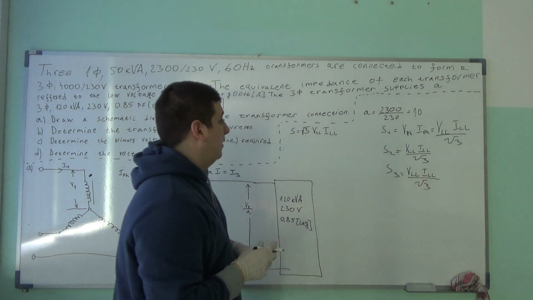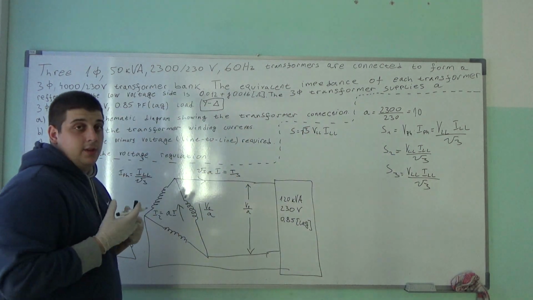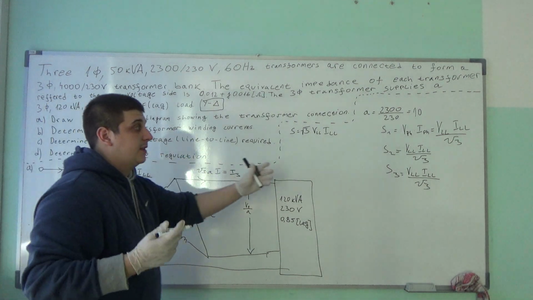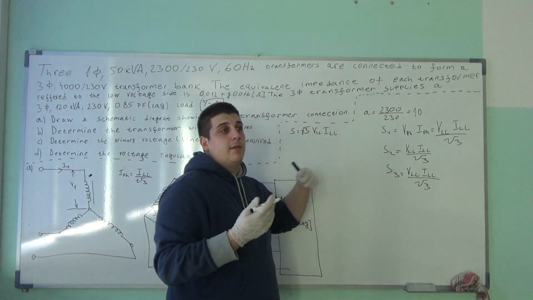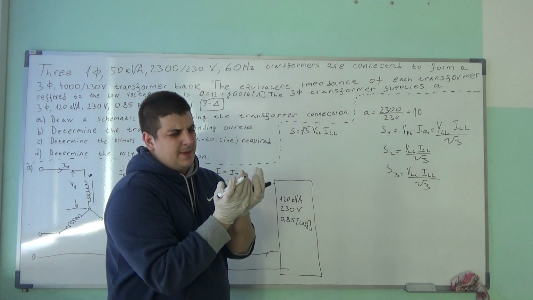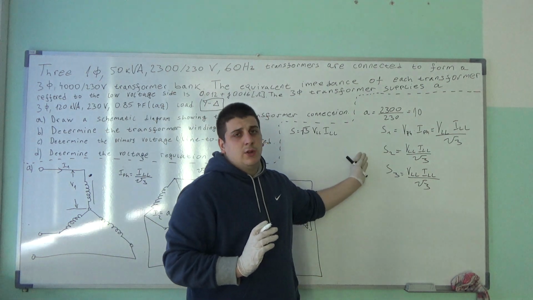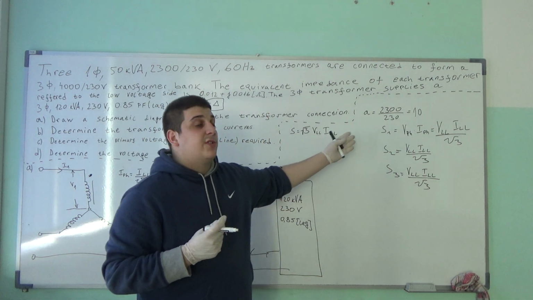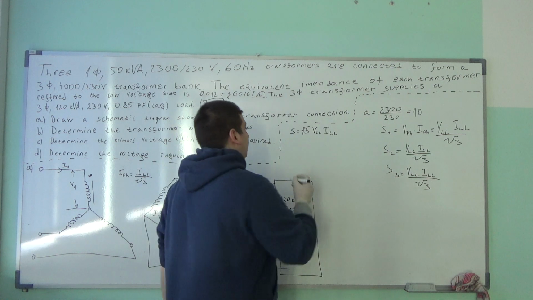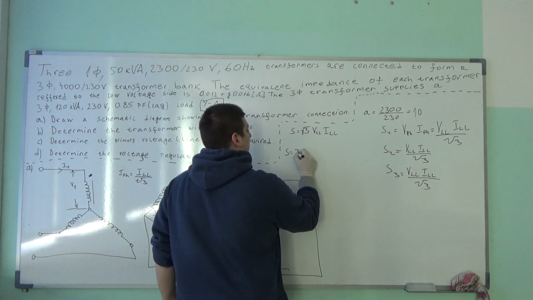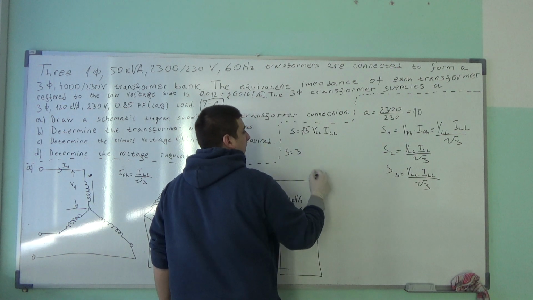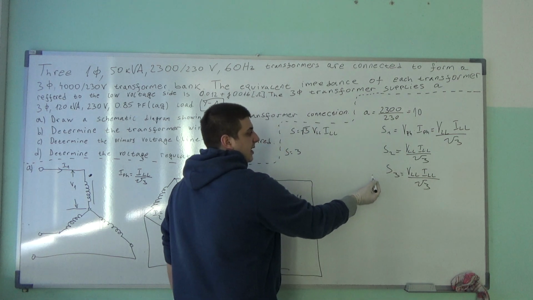Now the equivalent load is the sum of these apparent powers. The equivalent apparent power is the sum of these three apparent powers. And the area of this is the same.